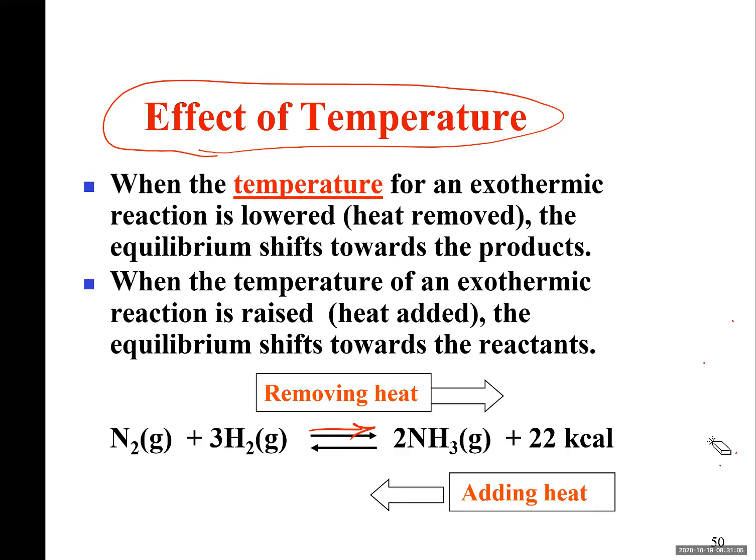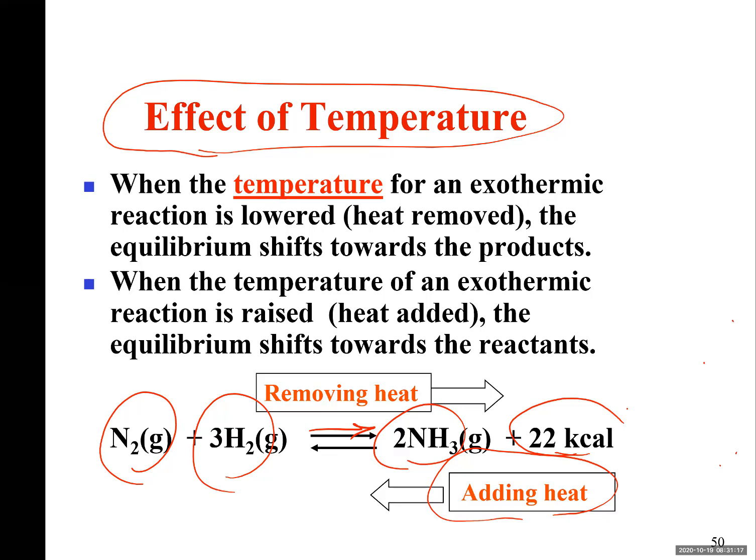So, what if I add heat? That means we have a mixture of N2, 3H2, the reaction has come to equilibrium, you have some NH3, and heat is released, and the test tube is hot. And we place this inside boiling water, which is a higher temperature than the test tube.